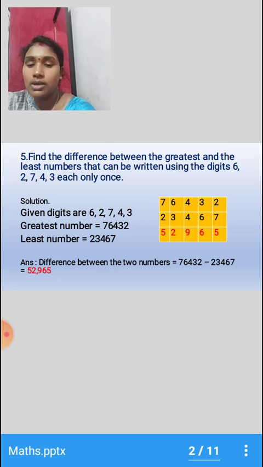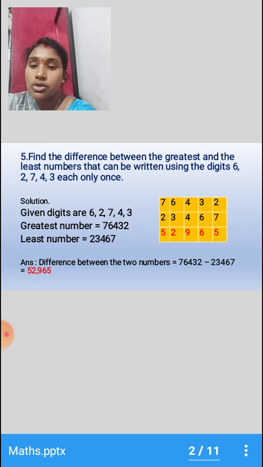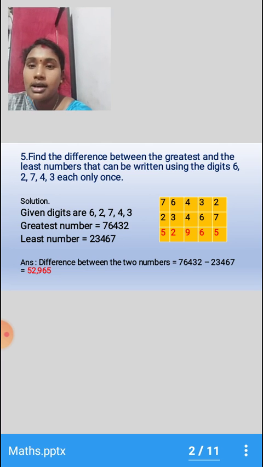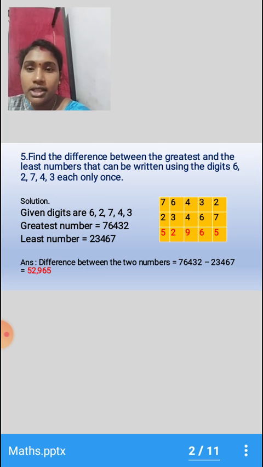So the difference will be 52,965. Children, I want you to write all these numbers on separate pages so that you will have a clear understanding of each and every sum. If you have any doubts, you can ask me, or when we come to class, we will revise it once again.